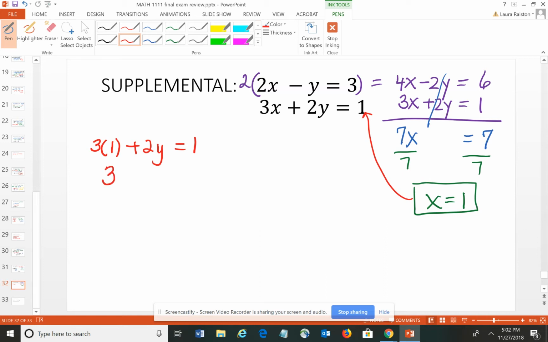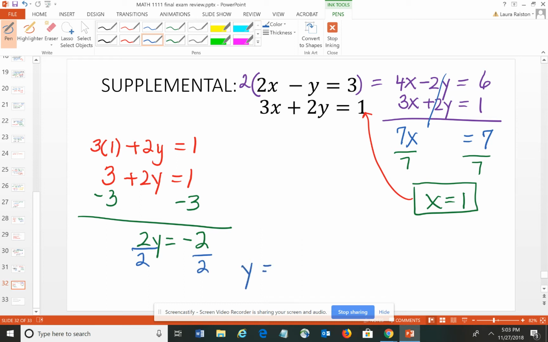So I have 3 plus 2y equals 1. I'm going to subtract 3 from either side to isolate the y. So I have 2y equals -2. Then I'm going to divide both sides by 2.